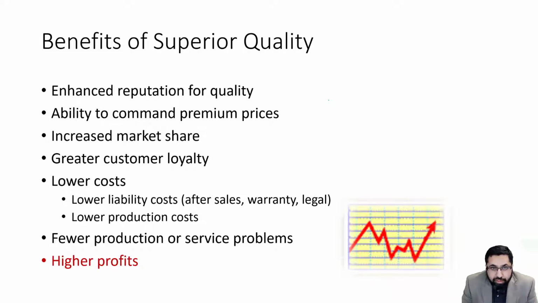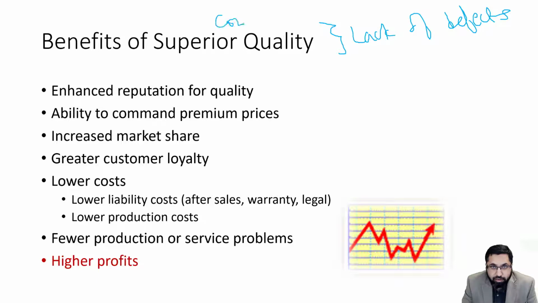Well, the benefits of superior quality are so large that it's almost always better to just have some prevention costs and appraisal costs and avoid defects. Why? Because if you have high quality, which means a lack of defects, that's what we mean by quality.